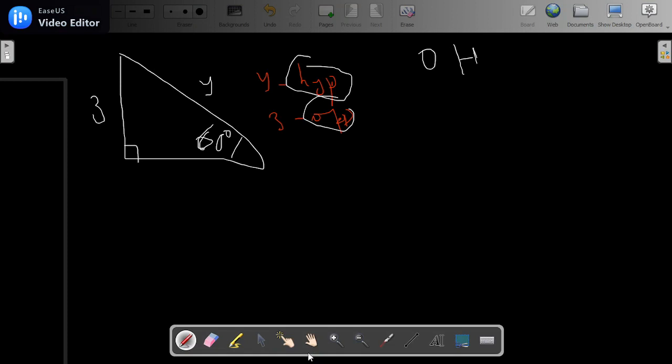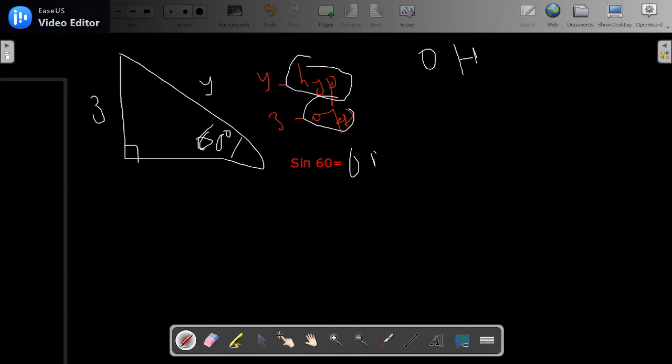So sine 60 will be equal to the opposite over hypotenuse, which should be equal to 3 over y.